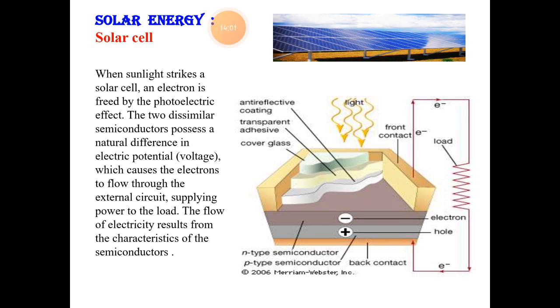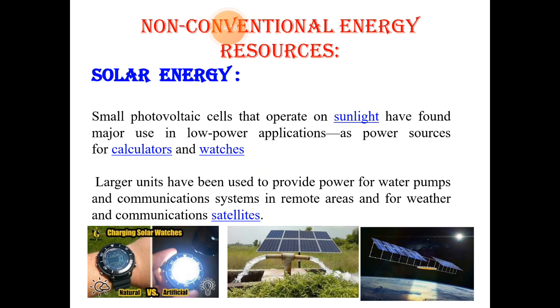You can see the same in the picture of the slide here. Hence, a solar cell or a photovoltaic cell is used widely to power the common gadgets like calculators, watches, and other gadgets.